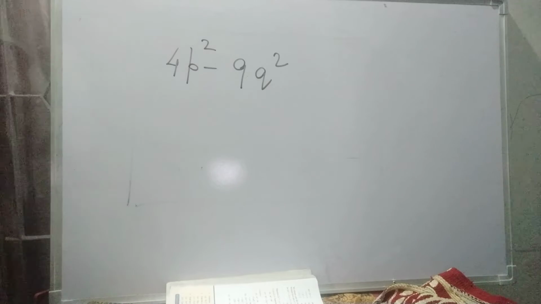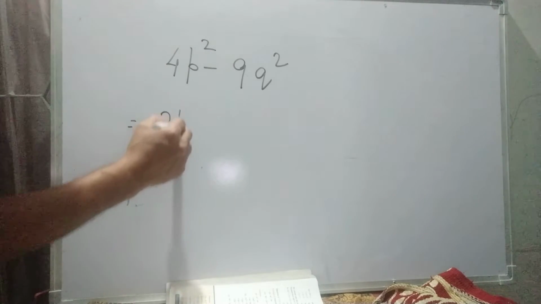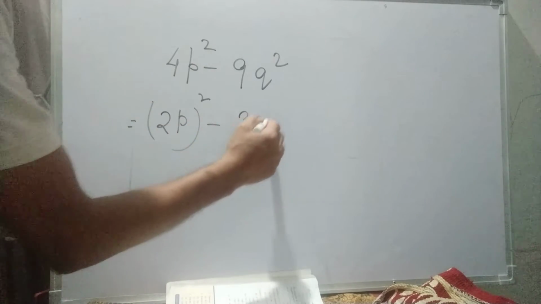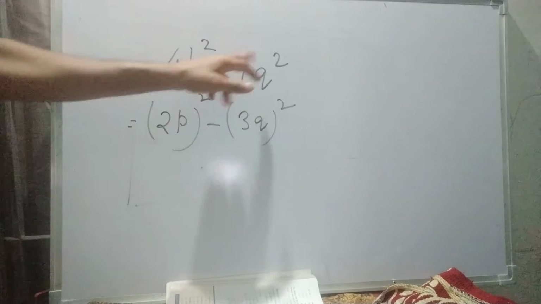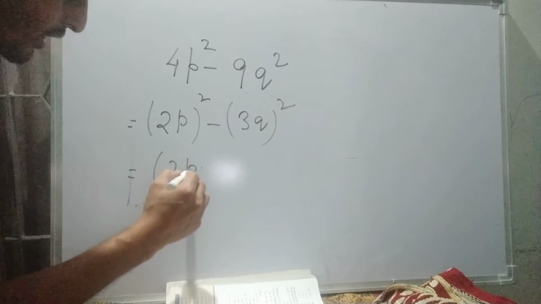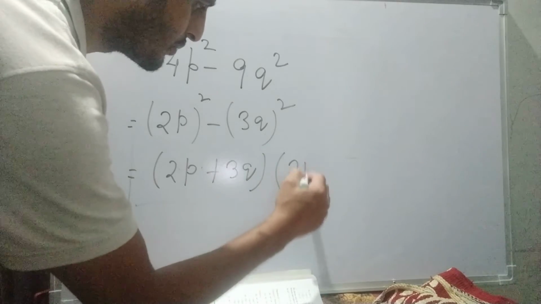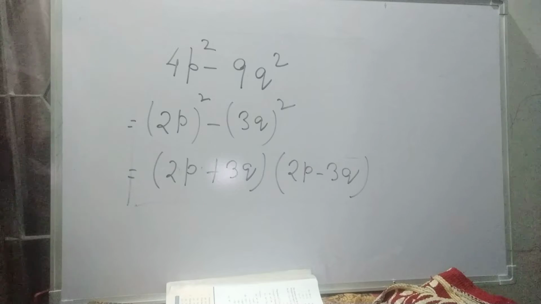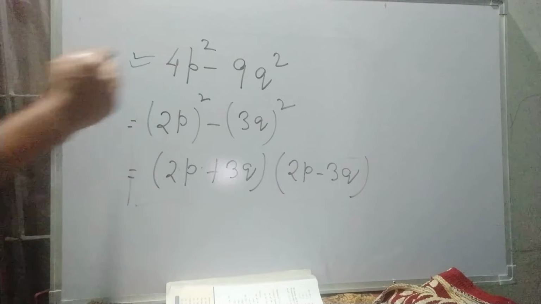Here we have to observe that the first term is the square of 2p and the second term is the square of 3q. So it is 2p whole square minus 3q whole square. Then it is a square minus b square. We can write it as 2p plus 3q times 2p minus 3q. This is one type of identity that we have used to factorize the given algebraic expression.